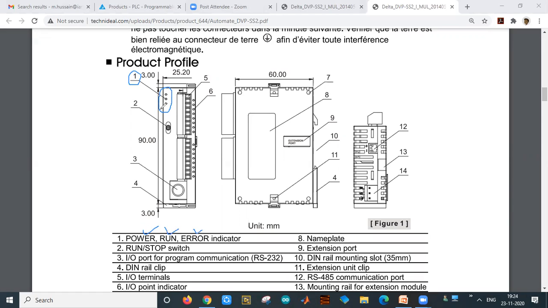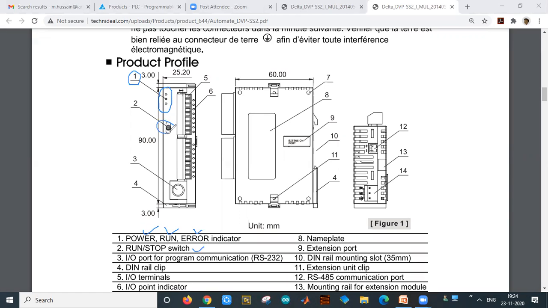Here you have 3 indicators: one represents power, another run, and another glows if there is an error in the instrument.